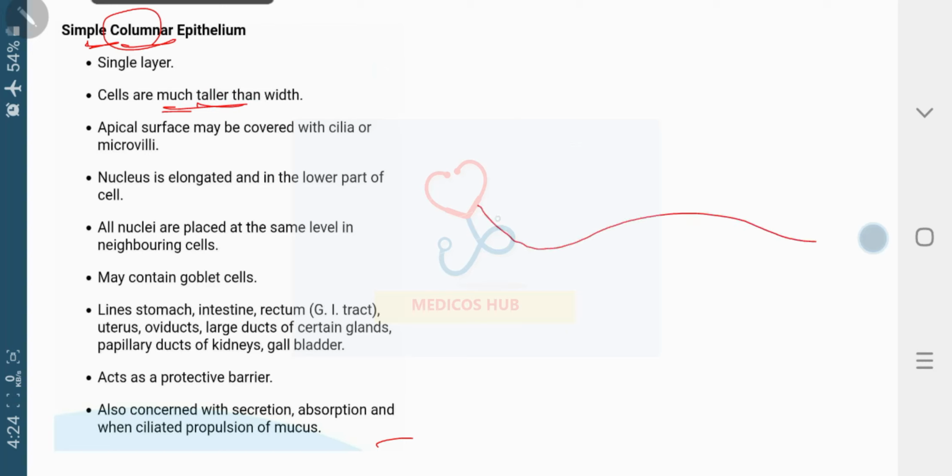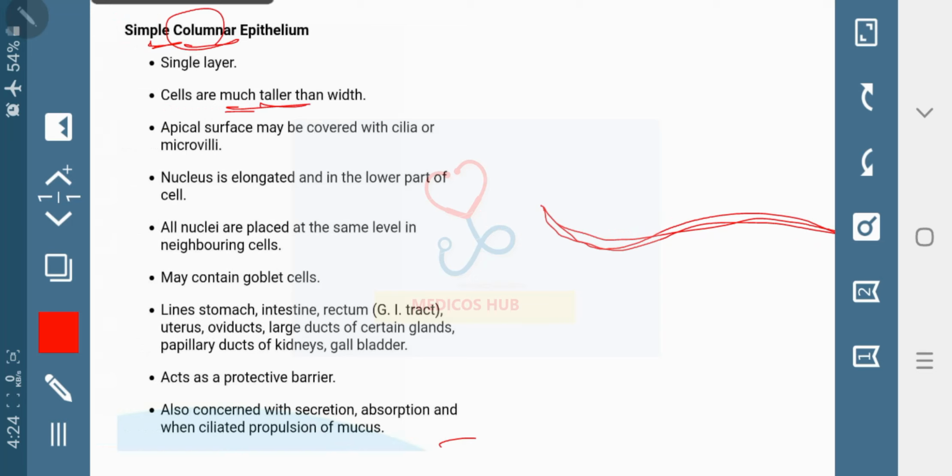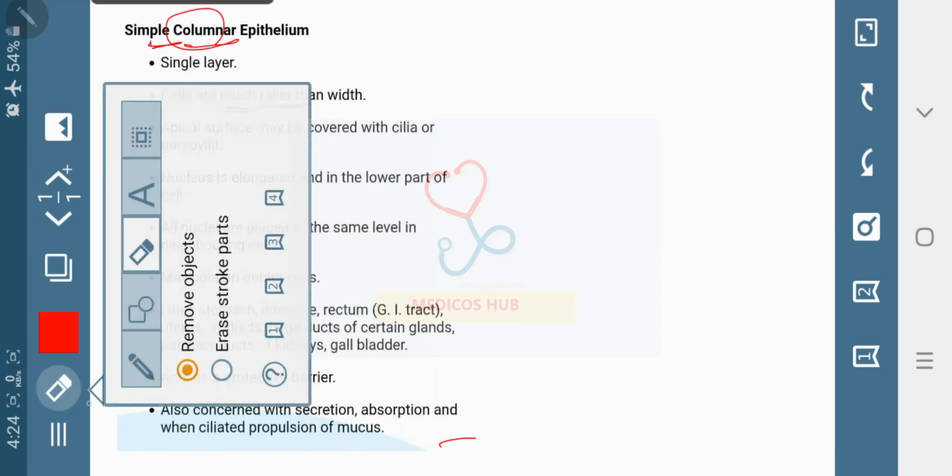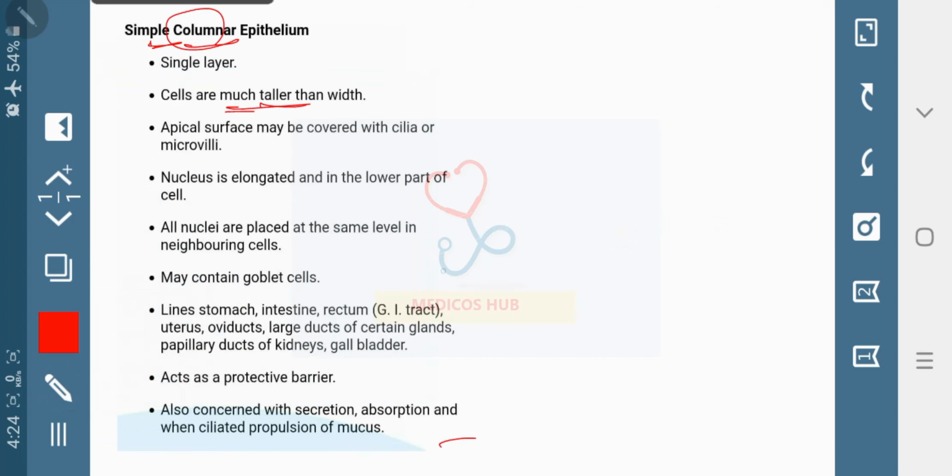If you think this is a basement membrane, okay guys, let's see. If this is the basement membrane, you can make the cells tall and columnar, like this.